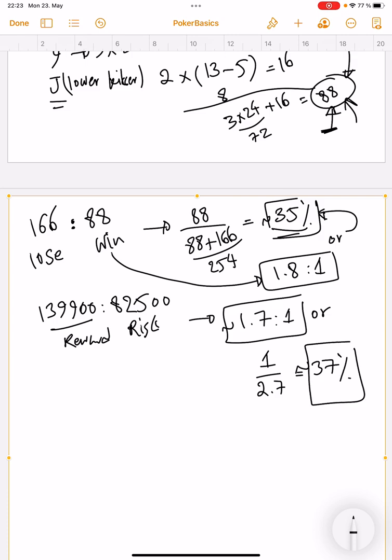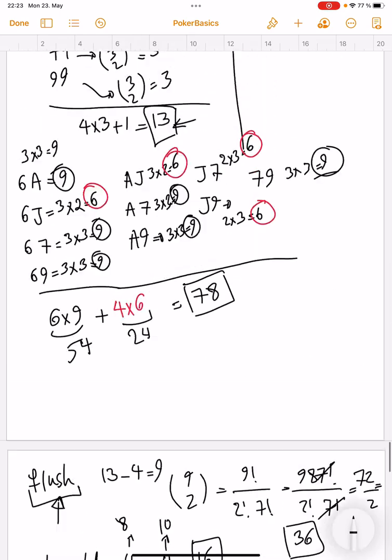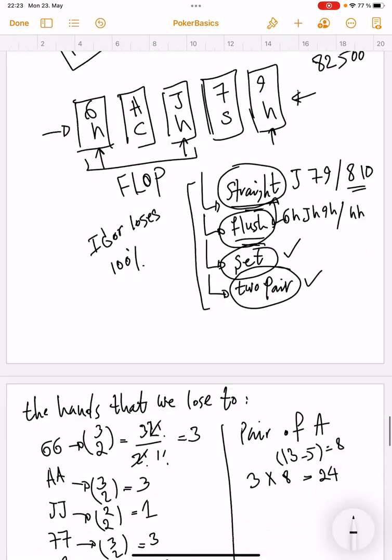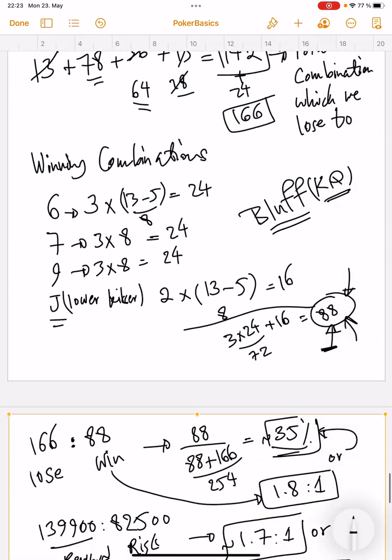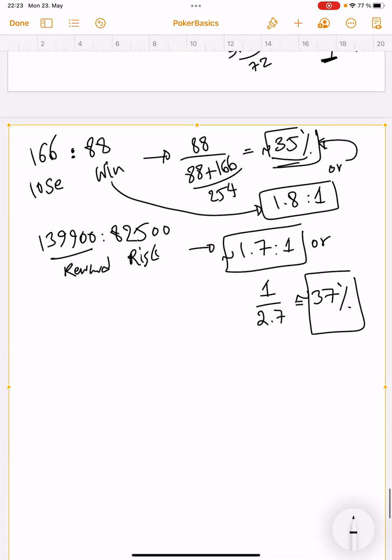Okay, this is now the finale, the important finale that we want to talk about. We had this tedious example and we went through all these winning and losing combinations, and now we need to draw a conclusion. So what do these numbers mean? First of all, in terms of risk and reward, we risk 1, and our reward will be 1.7.